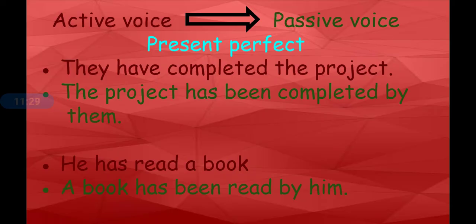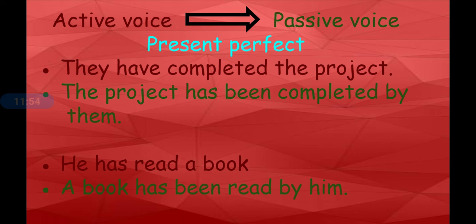Let us know how to convert active voice into passive voice when a sentence is there in present perfect tense. For example, they have completed the project. Here, subject is they and object is the project. In the passive voice, the project would become the subject.